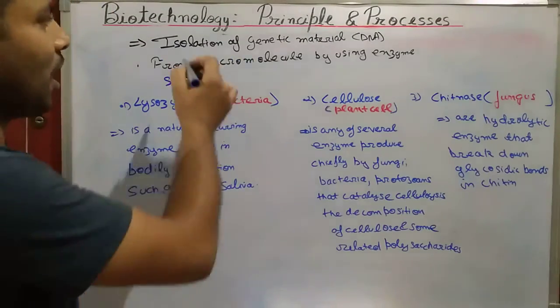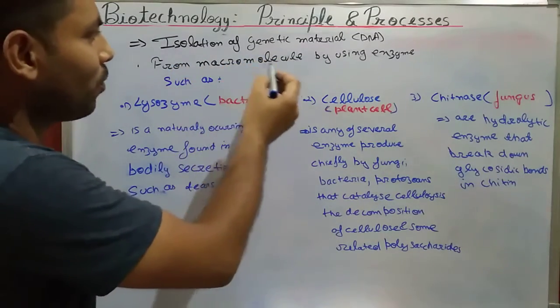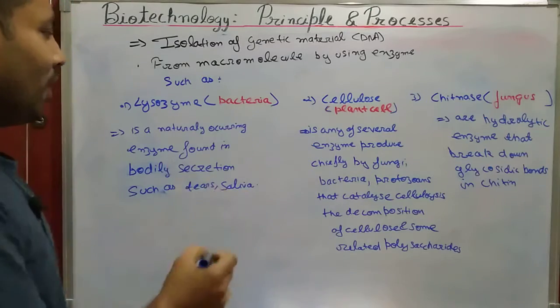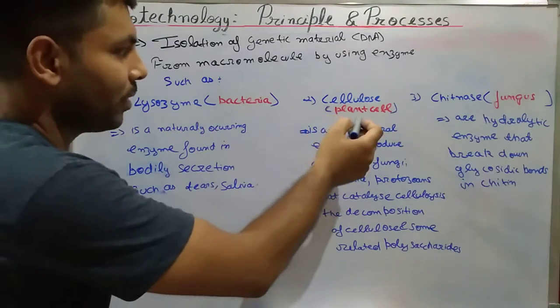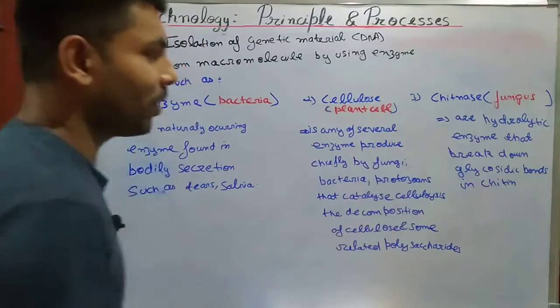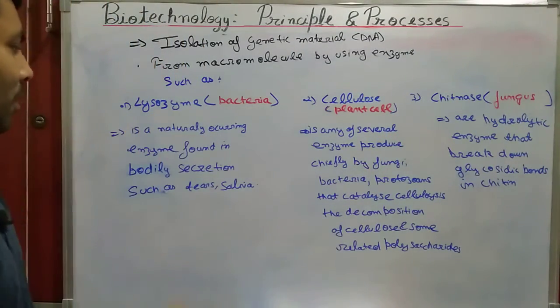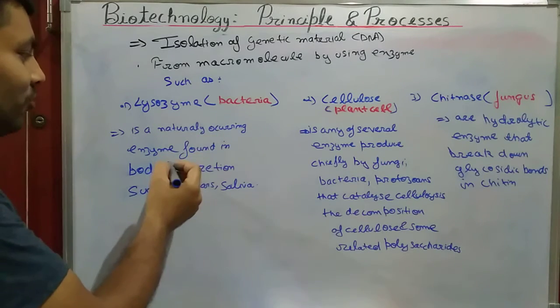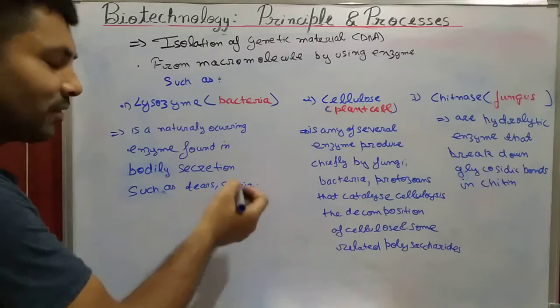Now see, isolation of genetic material from macromolecules by using enzymes such as lysozyme found in bacteria, cellulase in plant cells, and chitinase in fungi. Let's see what lysozyme is. It is a naturally occurring enzyme found in bodily secretions such as tears and saliva.